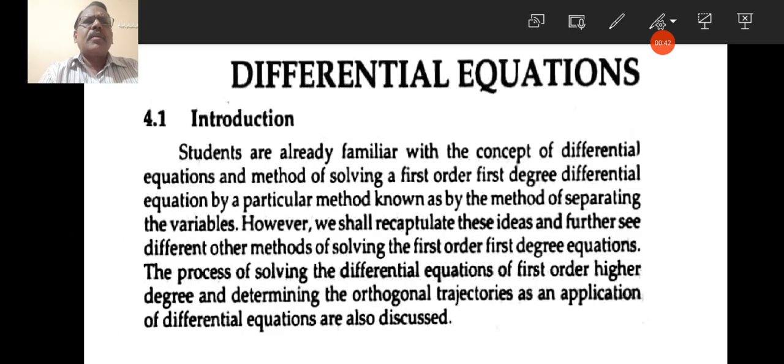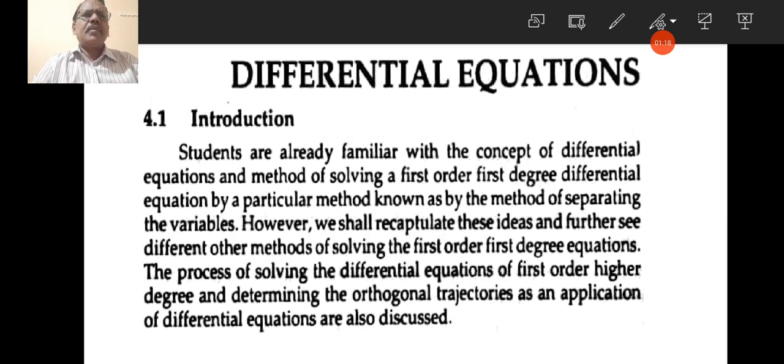Students are already familiar with the concept of differential equations and the method of solving first order differential equations by a particular method known as separating the variables, or separation of variables.